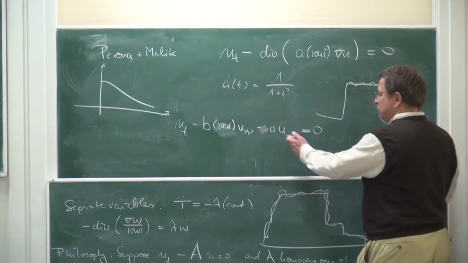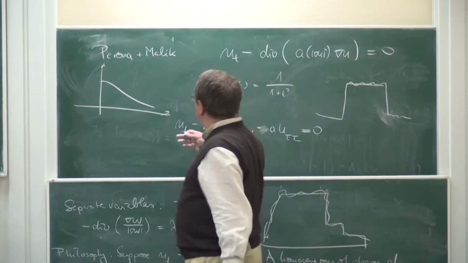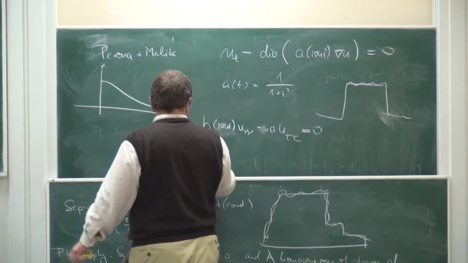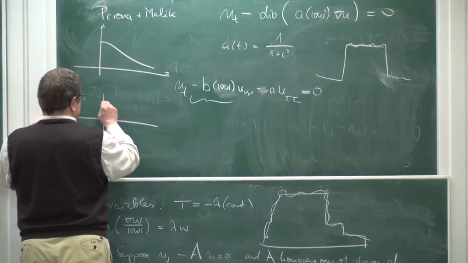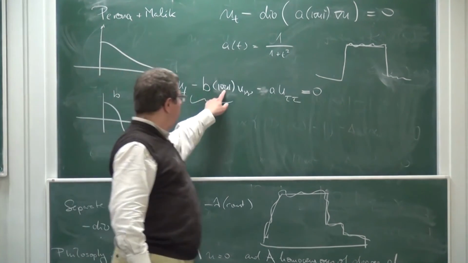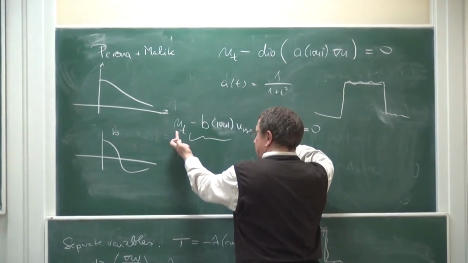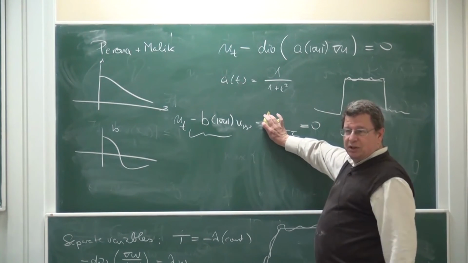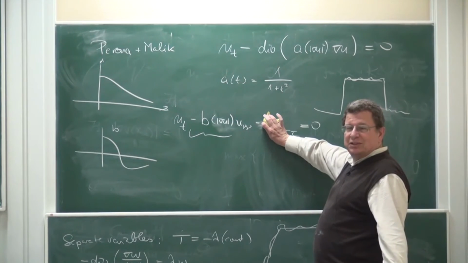Something like this. So this is the same a. And this b is a composition of a and a derivative of a. And since a prime is negative, this changes sign. So the qualitative behavior of b is somehow like this. And when b is negative, you have u time derivative plus a space derivative, and that's a backward heat equation. u_t plus u_xx is a backward heat equation.